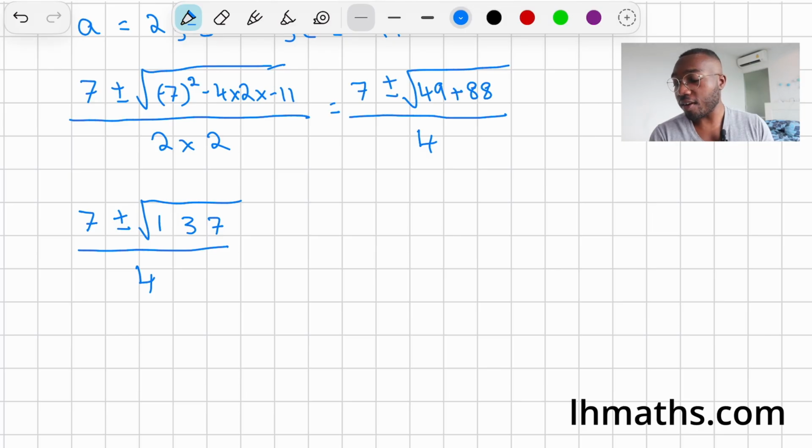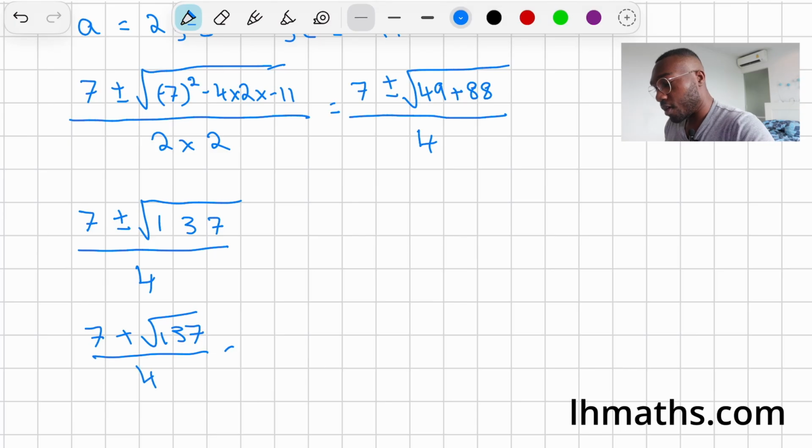And there is not really anything else we can do with this. We cannot simplify this down anymore. We can't do anything, but we don't need to because the question wants us to work it out to 3 significant figures. So this is where you can use your calculator like I'm going to do. And we have our 2 solutions. So if I do 7 plus the square root of 137 divided by 4, then to 3 significant figures for the first value, I get 4.68.